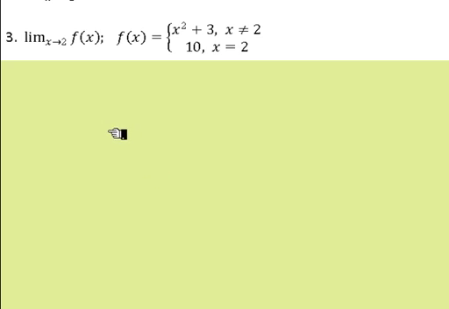Now we're looking at the limit as x goes to 2 of the function f of x. Now f of x is not a polynomial, but it is equal to a polynomial everywhere except at the value x equals 2. So f of x is a function that is equal to a polynomial except at a finite number of points.